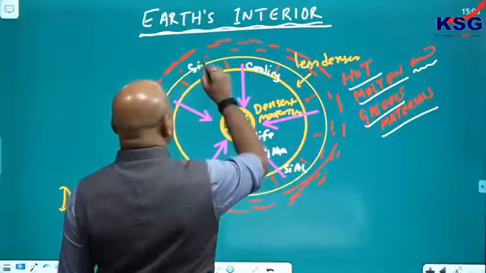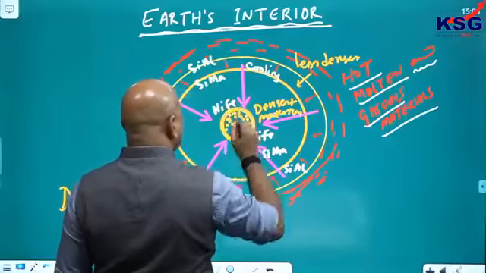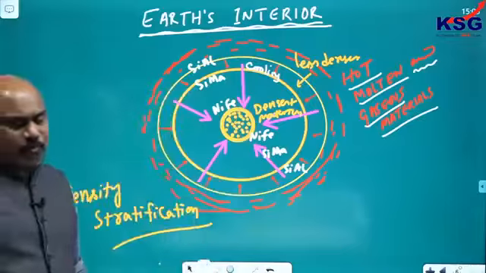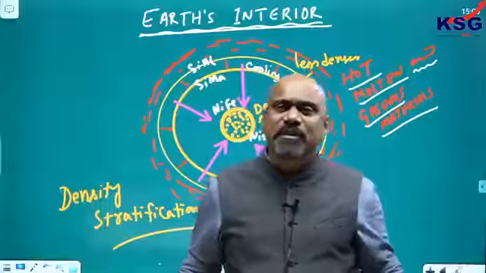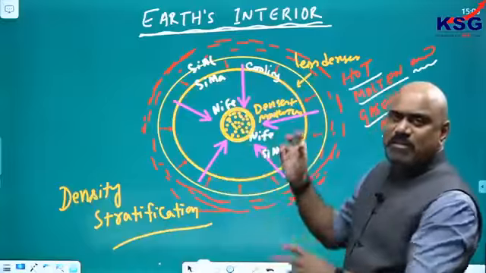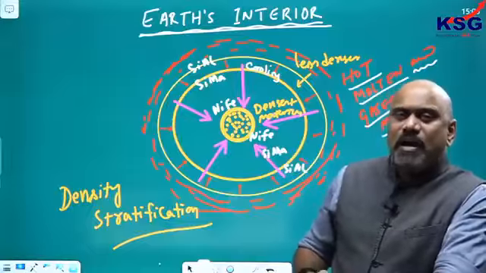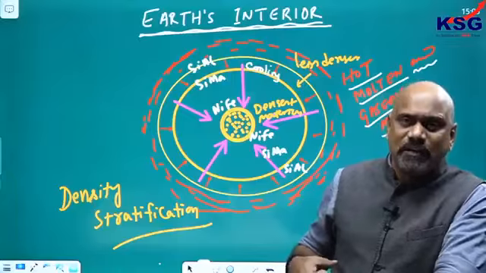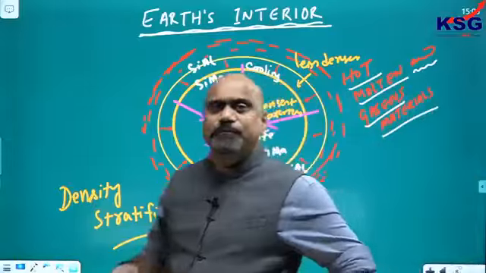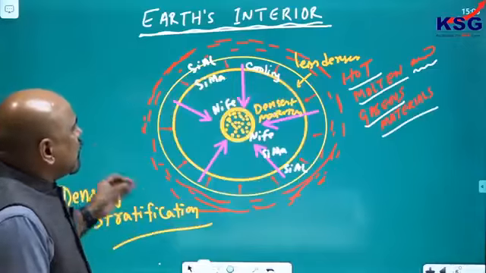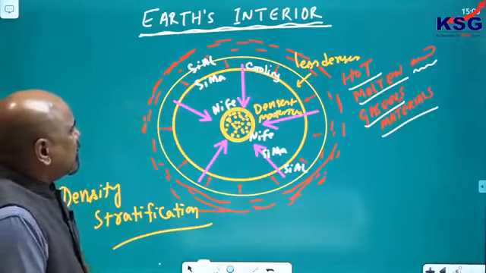We get more and more nickel and ferrous toward the center. So density stratification, with the evolution of the earth itself, led to the densest material accreting at the center, and it is not uniform; rather there is heterogeneity in the earth's interior. The theories reveal this fact. In the earth's interior, we have three zones: core, mantle and crust.